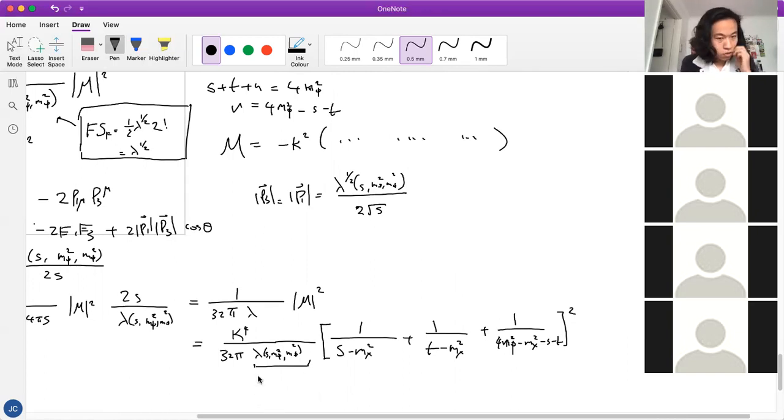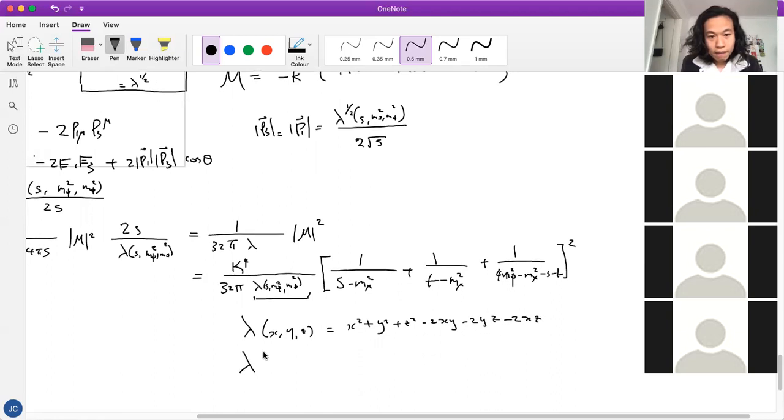I can't actually just evaluate this because the Källén function of x, y, z is x squared plus y squared plus z squared minus 2xy minus 2yz minus 2xz.